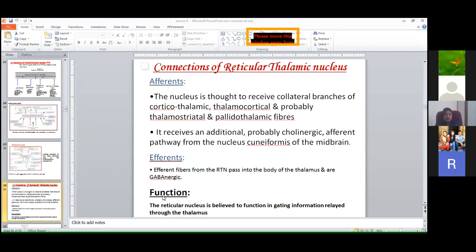The efferent fibers from the reticular nucleus pass into the body of the thalamus and are mainly GABAergic. GABA is a neurotransmitter. The reticular nucleus is believed to function in gating information related to the thalamus. Mainly it helps in the sleep-wake cycle, arousal, being conscious. That is controlled by the reticular formation. In a simple way, I have explained it; the tracts related to the reticular formation are very complicated.